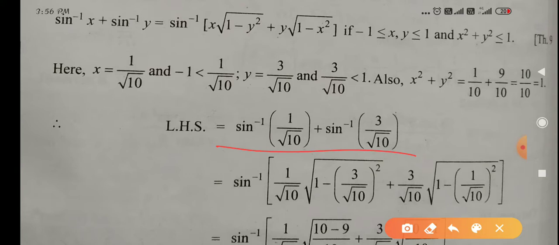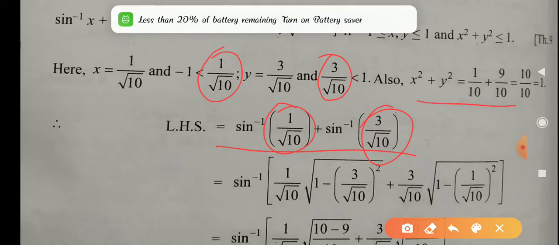First of all you see the condition. The condition is satisfying the property of sin inverse x plus sin inverse y. The condition was given: x and y should be from minus 1 to plus 1. This is 1 upon root 10, which is greater than minus 1, and 3 upon root 10 is less than 1. So it is satisfying, means the condition is satisfying. And the square also you can check: x square plus y square is 1 upon 10 plus 9 upon 10.